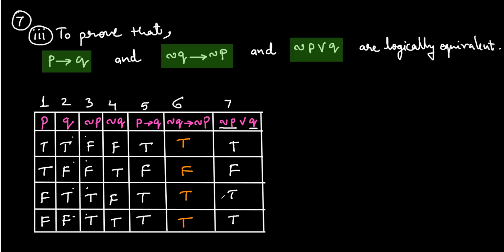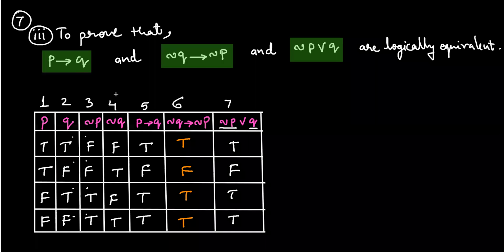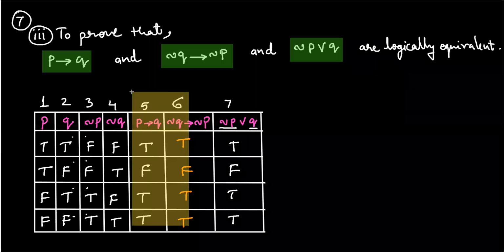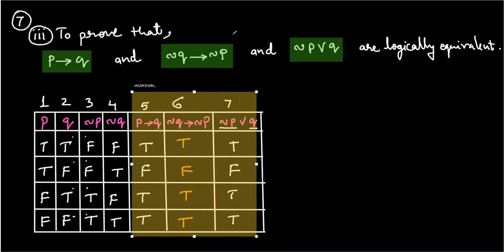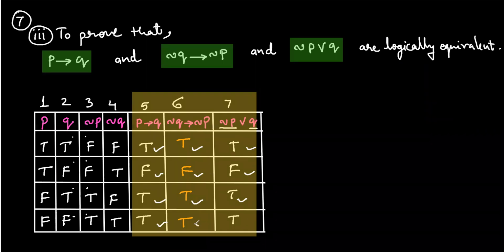So students, now you can check columns 5, 6, and 7. Let me highlight columns 5, 6, and 7. What you notice is that these three columns give you identical entries. It means these statement patterns are logically equivalent.